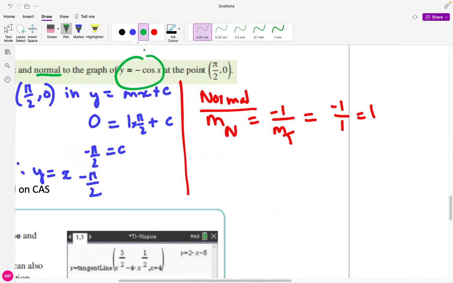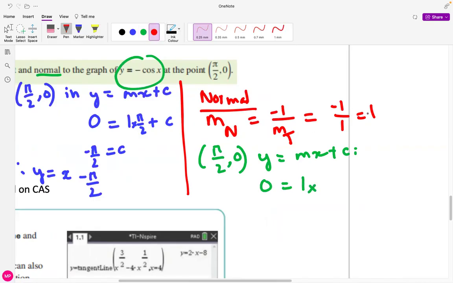All right, and the normal passes through the same point, pi over 2 comma 0, so we substitute into y equals mx plus c. The y is 0, m is negative 1, times x, which is pi over 2, plus c.